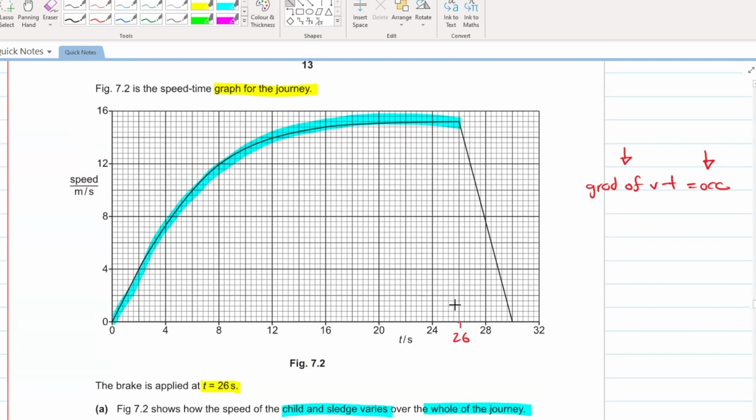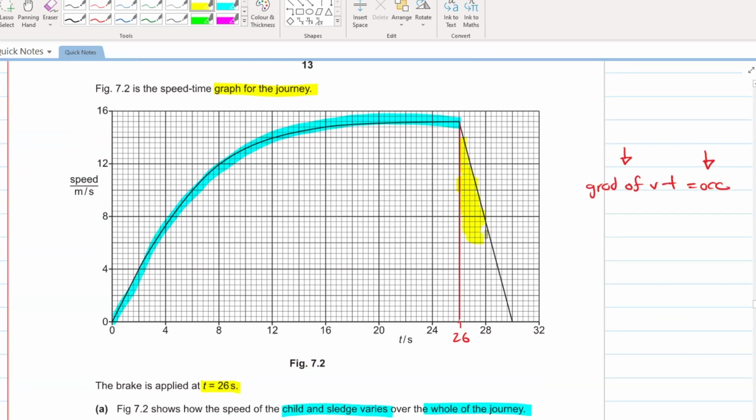Let's calculate the distance traveled by the sledge after 26 seconds. So distance traveled by the sledge can be calculated as what?